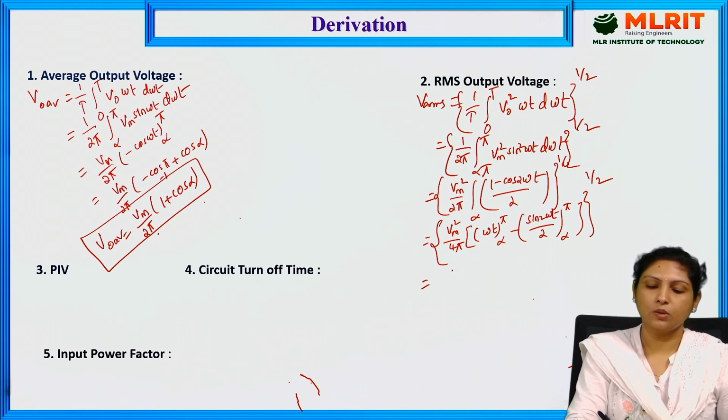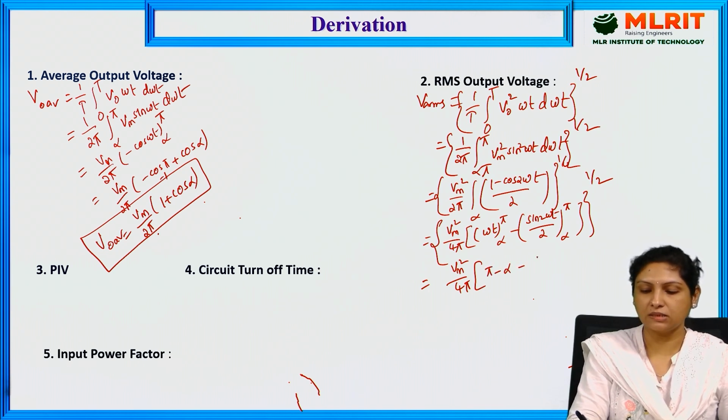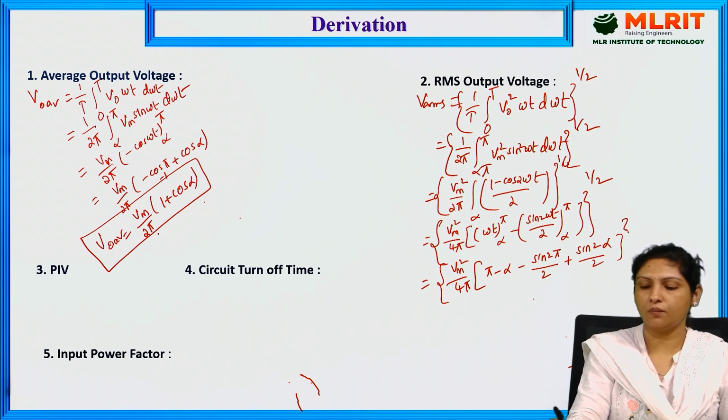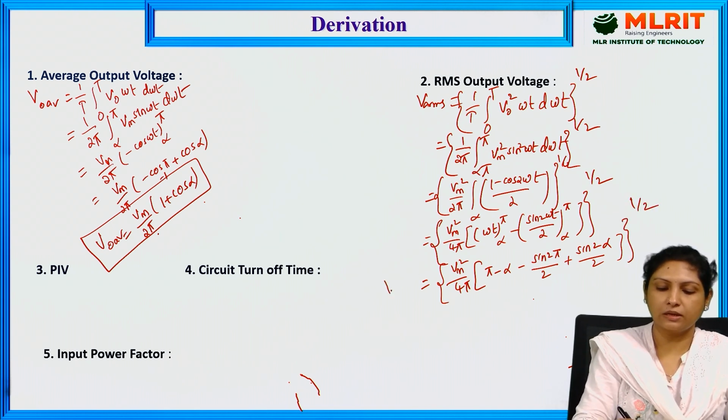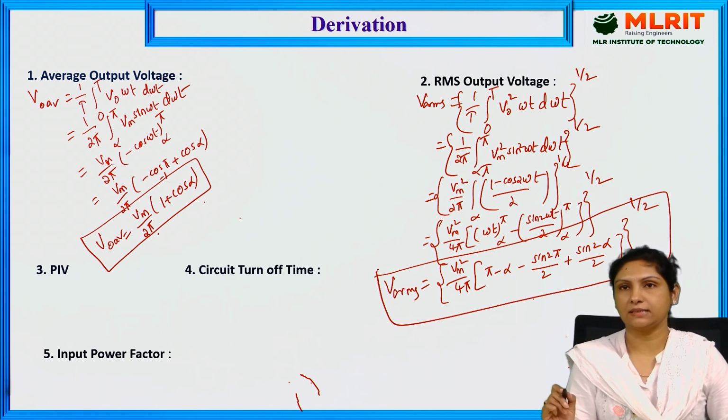In that case, we get Vm square by 4 pi, substituting the limits, upper limit minus lower limit, that is pi minus alpha minus sine 2 pi by 2, minus of minus alpha plus sine 2 alpha by 2, whole to the power of 1 by 2. This is the required V0 RMS expression for single phase half wave rectifier with resistive load.